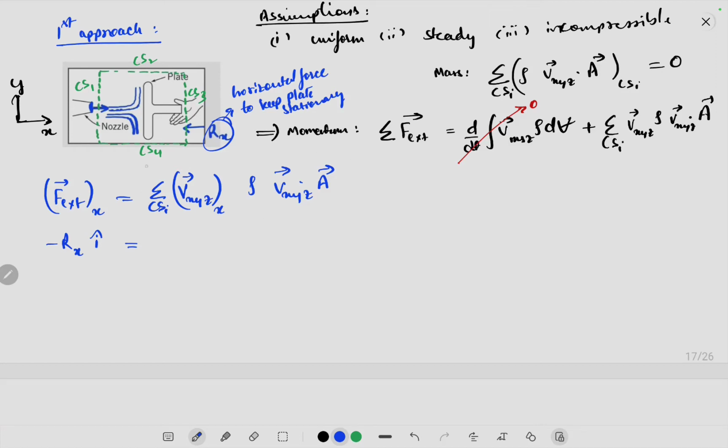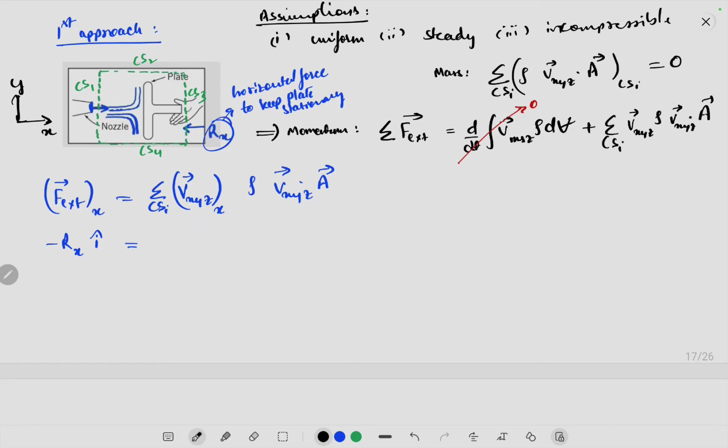so now we have to consider the control surfaces. Okay, so if you see here, only the terms with Vxyz in x-axis, where Vxyz in x-axis is non-zero, only those terms will contribute in this equation and the other terms will go to 0, right?